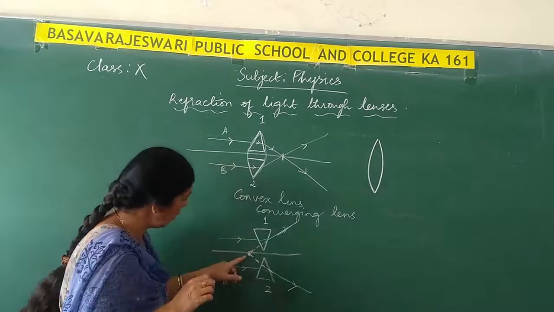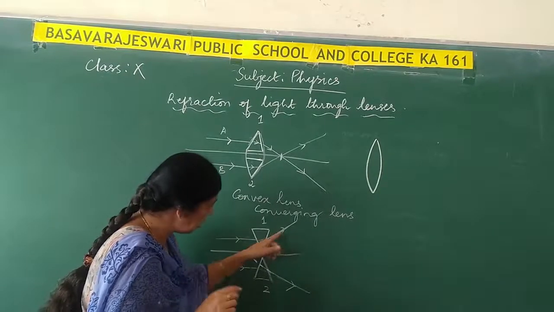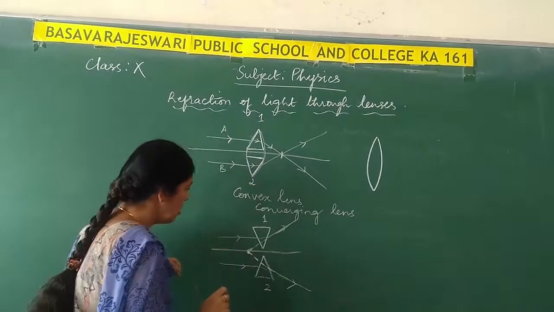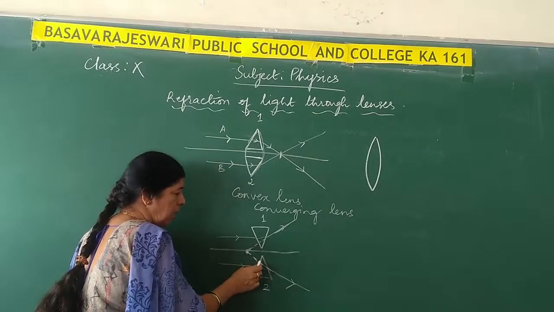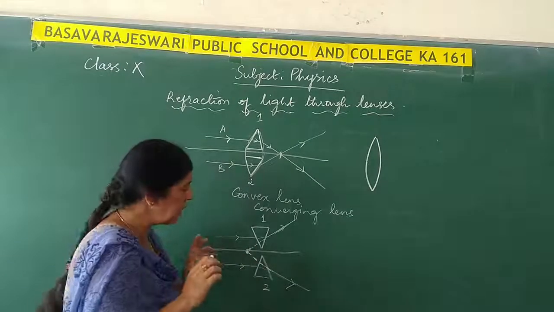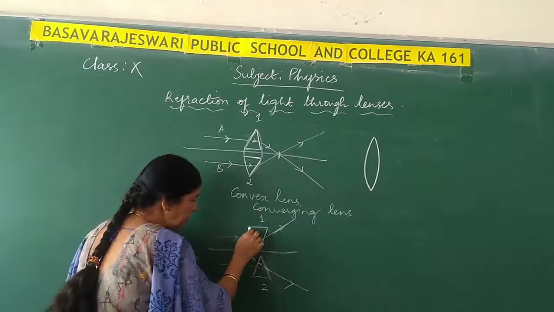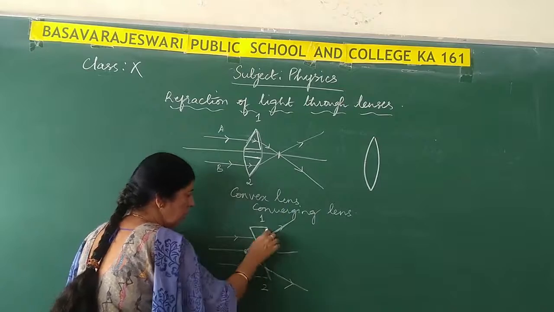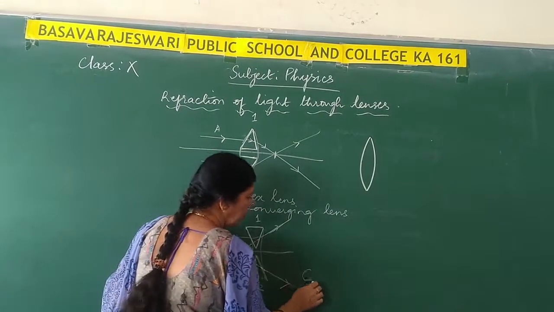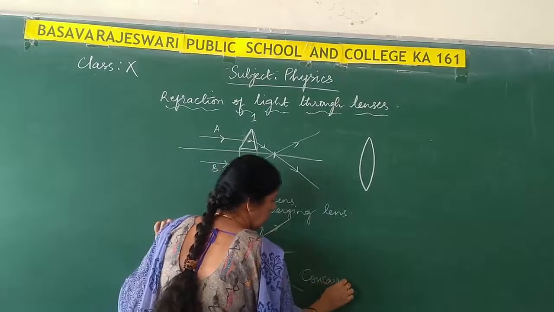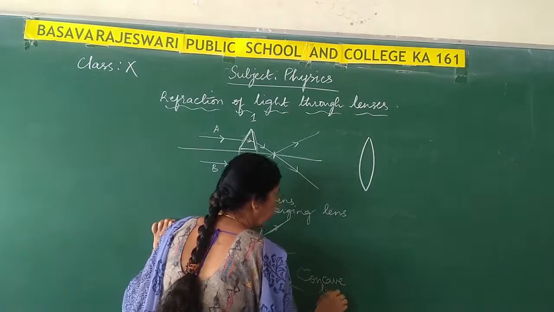So from this point, these two rays appear to diverge. So this type of arrangement of prisms will give us diverging action, and out of this arrangement we can imagine a concave lens.